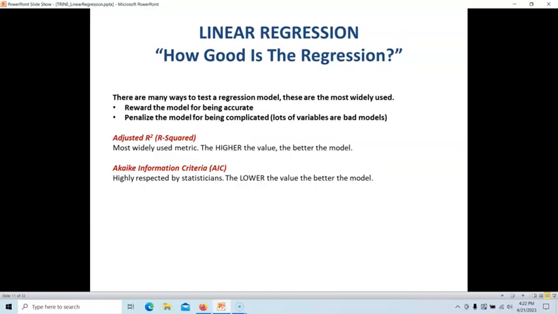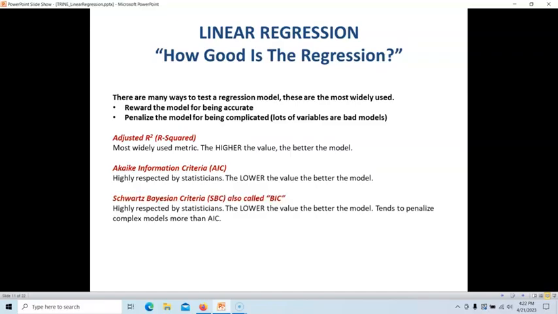Now, another one that you will see, besides the adjusted R squared and the AIC, is the Schwarz-Bayesian criteria, SBC, also called the BIC. These two guys right here, AIC and SBC, are very similar to one another, and the lower the better for these guys.